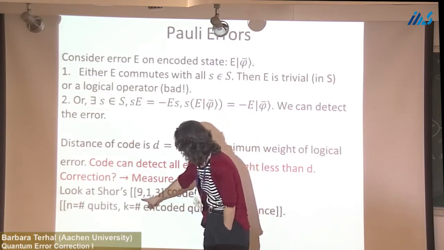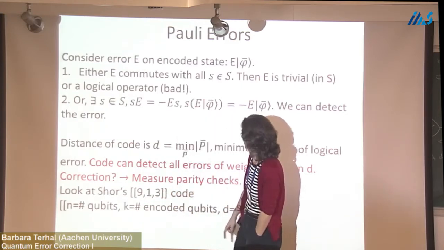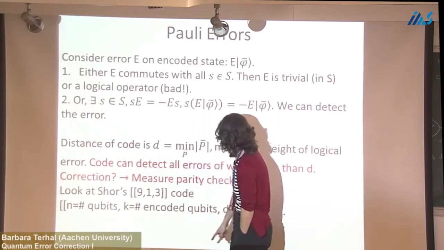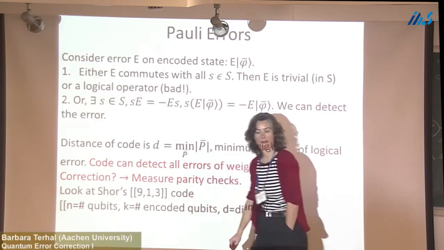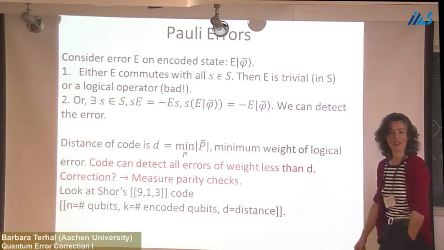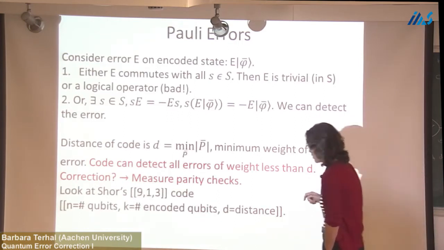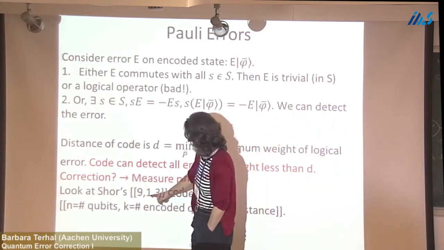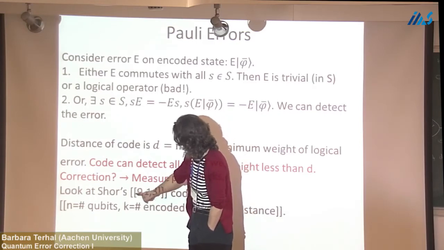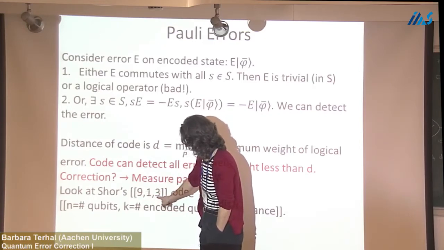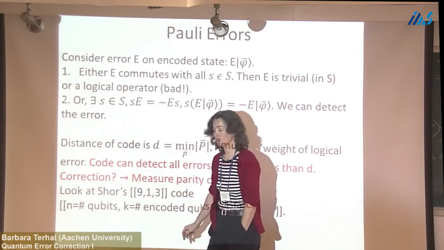It's a code that encodes 1 qubit into 9, and the distance is 3. So the logical operator has weight 3 and not less. And the smallest code, which encodes 1 qubit into something and has distance 3, is the 5 qubit code.